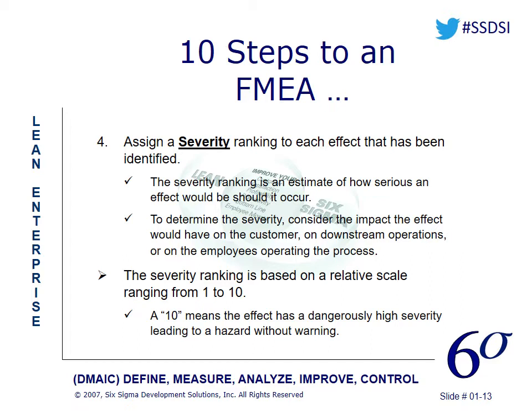Once I've determined all of my potential failure modes for all of my inputs, all of my failure effects, all of my potential causes, and my current controls, after all of those have been filled in, then I go back and fill in my scores. The reason is that if you fill in the scores as you fill in these different elements, you have the potential to skew those scores.